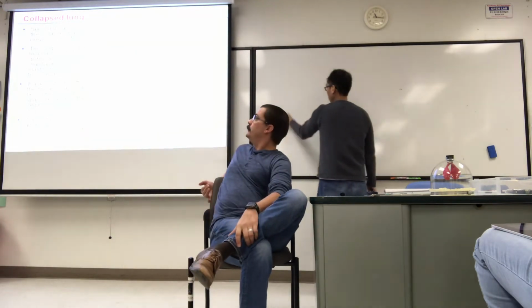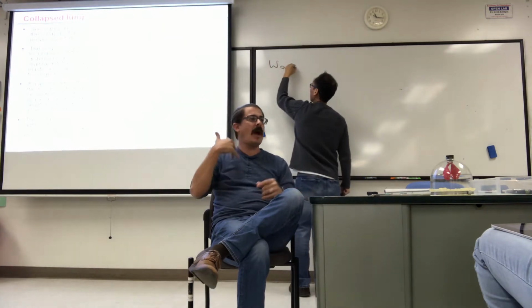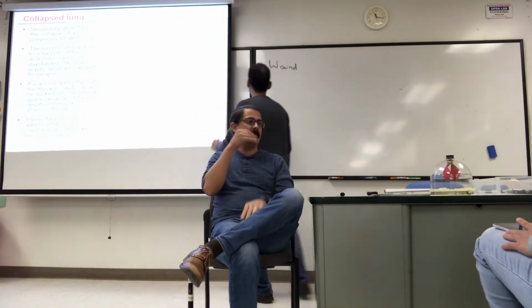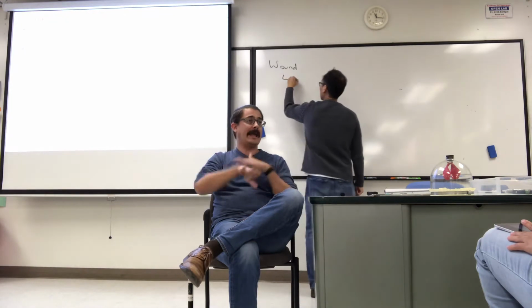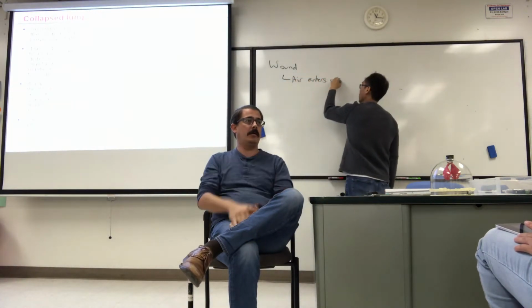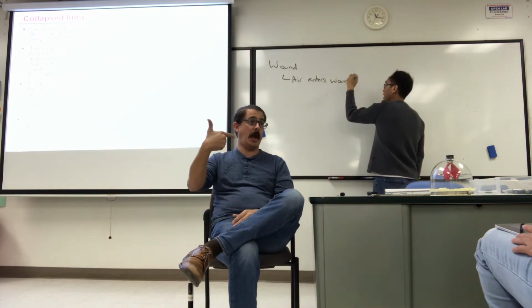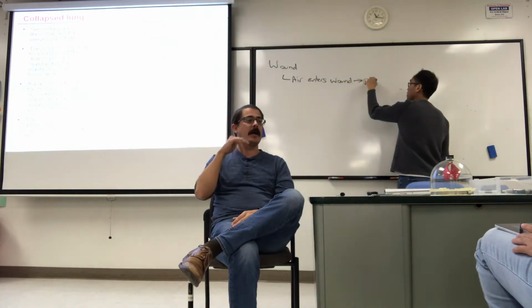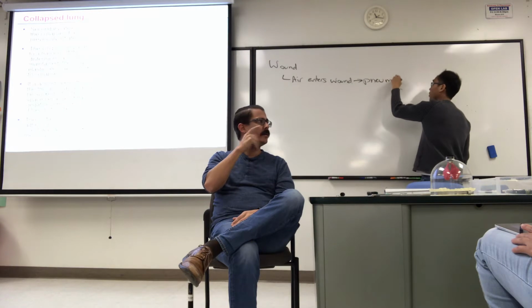It could be a wound, it could be spontaneous. So let's say you have a wound that breaks that seal, the pleura are damaged. And let's say in this example, air enters. Air enters the wound. Maybe it's a bullet, maybe it's a knife. That would be a pneumothorax. Pneumo means air.